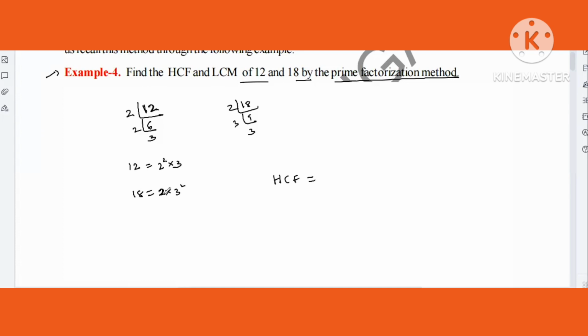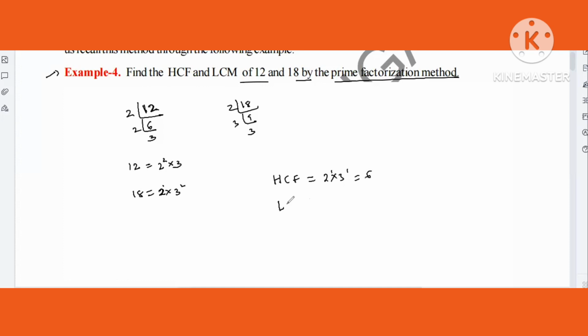common bases. While you're writing HCF, you should write least powers of common bases. Here the common base is 2 and the least power is 1, so we can write 2. Also 3 and 3 are common bases, and we have to write 3 power 1. So HCF is 6 here.